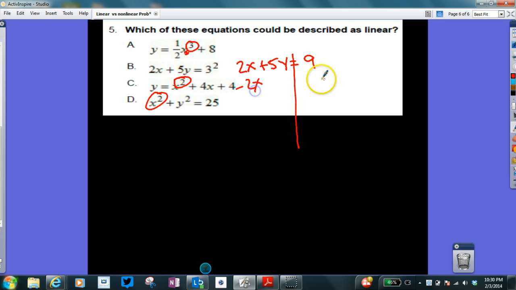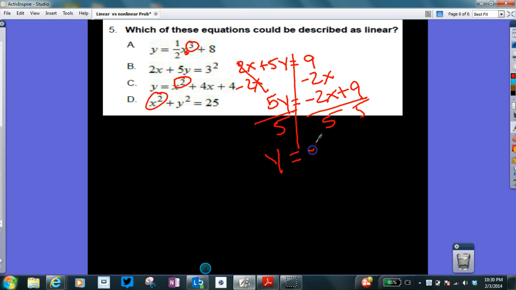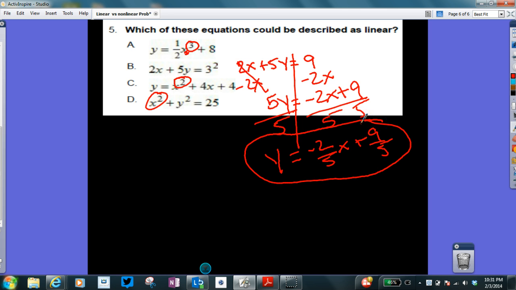Minus 2x, that's going to leave me 5y equals negative 2x plus 9. Divide everything by 5. y equals negative 2/5 x plus 9/5. That's linear. It's in slope-intercept form.